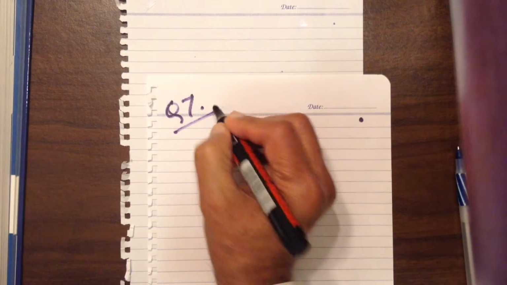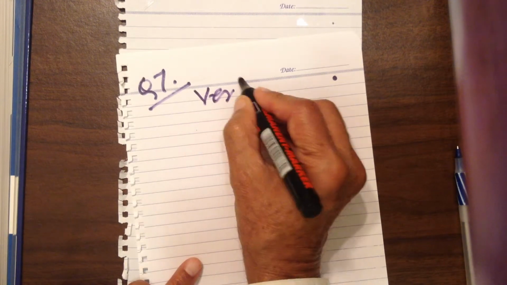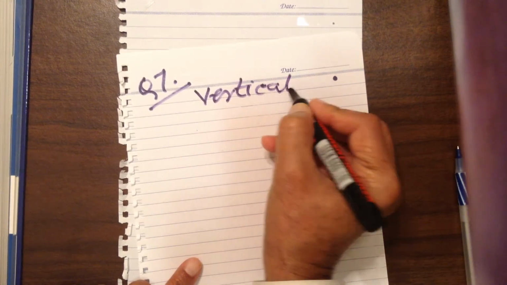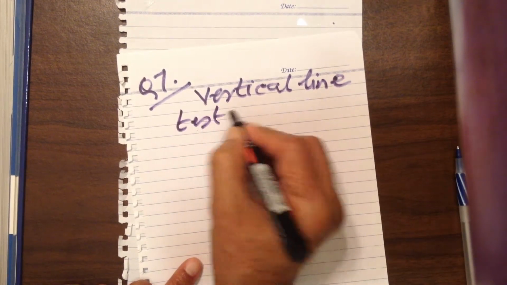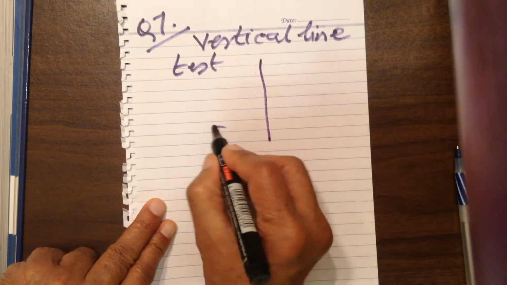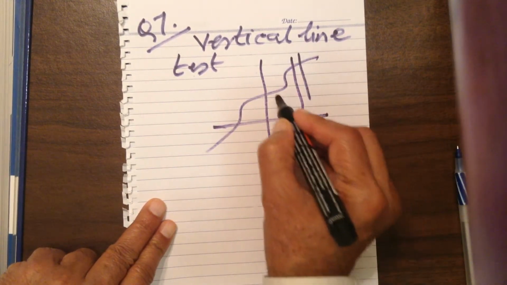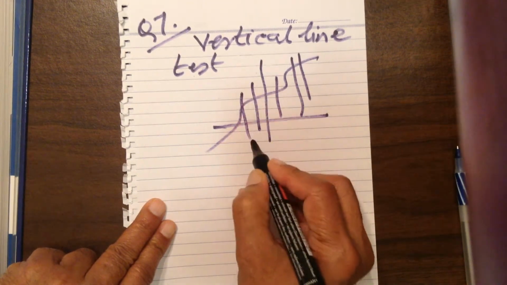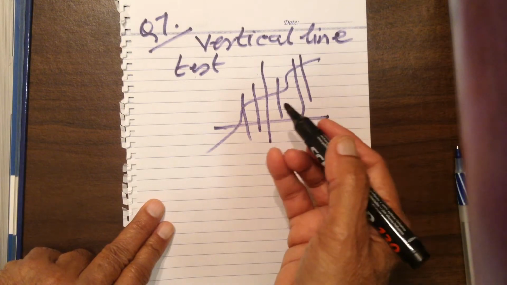Then question number 7. There are many ways a function can be defined. There is a vertical line test. If there is a graph given to us and there is no vertical line that cuts the graph in more than 1 point, then it is a function.